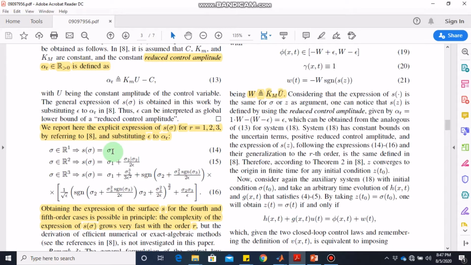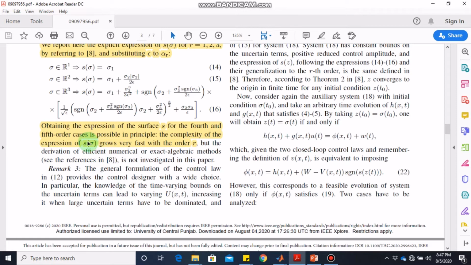If the relative degree is 2, then S of sigma will be a function of the two components of the sliding surface, sigma 1 and sigma 2. Similarly, for relative degree 3, S of sigma is given by this expression. You can also calculate S of sigma for higher values of r, but those expressions become more and more complicated. So this is what has been mentioned in this paper.